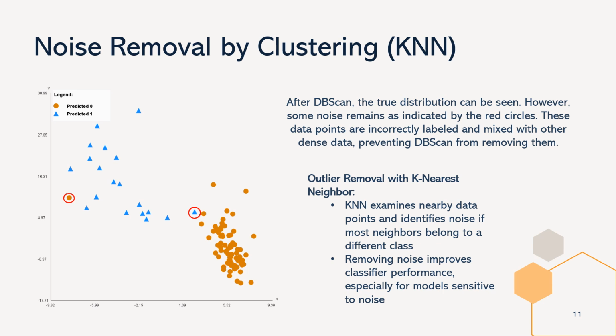If you take a look at this data point on the very left circled in red, the data point is orange, but most of the surrounding data points are blue. Therefore, that data point circled in red will be considered to be noise and then removed.